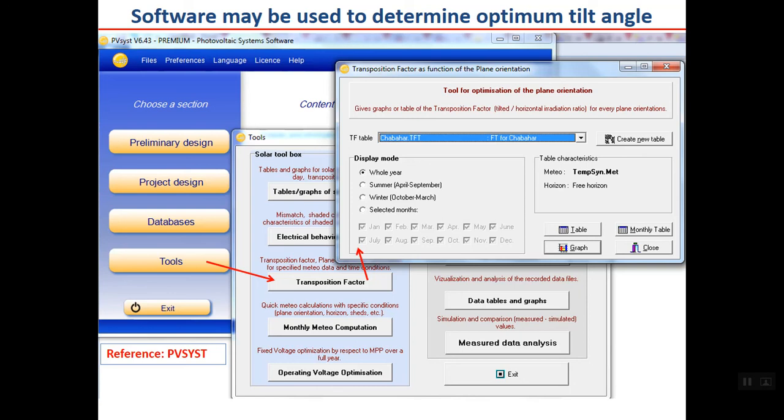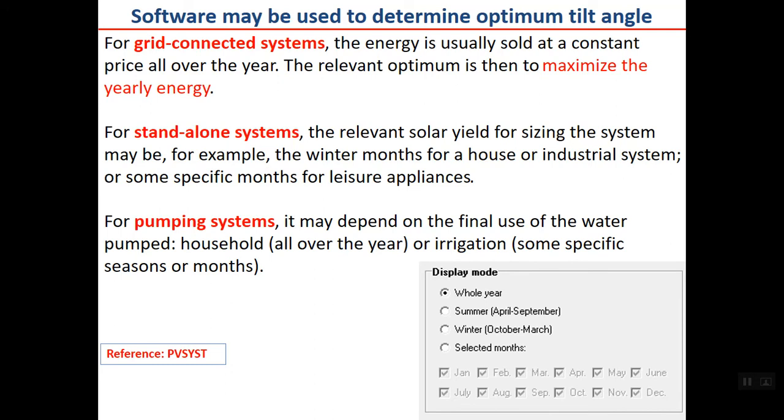In this screenshot from PVSyst, for the calculation of the optimum tilt angle, there was a box which shows what you want to do. Do you want to maximize the solar yield in the whole year, in summer, in winter, or selected months? And it depends also on the type of system.